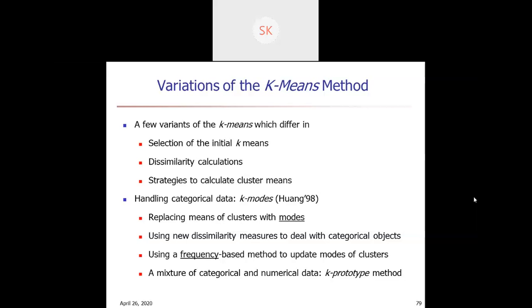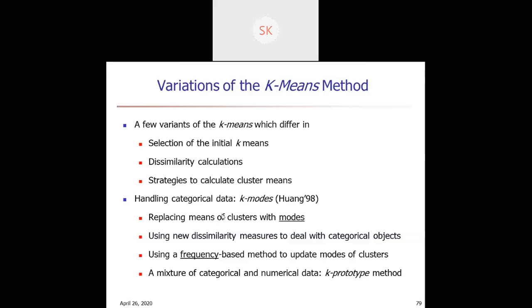It uses new dissimilarity measures to deal with categorical objects. It uses a frequency-based method to update the modes of the cluster, based on the number of occurrences of a particular object. For a mixture of categorical and numerical data, the K-prototype method is used.